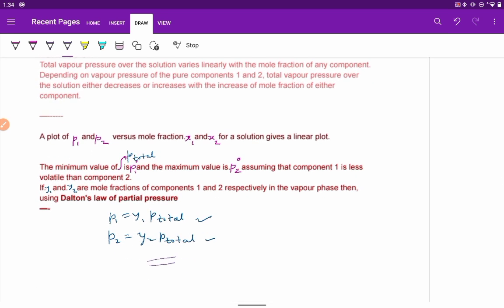And in case we take mole fractions in the vapor phase, so if Y1 and Y2 are mole fractions of the components 1 and 2 respectively in the vapor phase, then using Dalton's law of partial pressure, we get that P1 equal to Y1 into P total, while P2 equal to Y2 into P total.